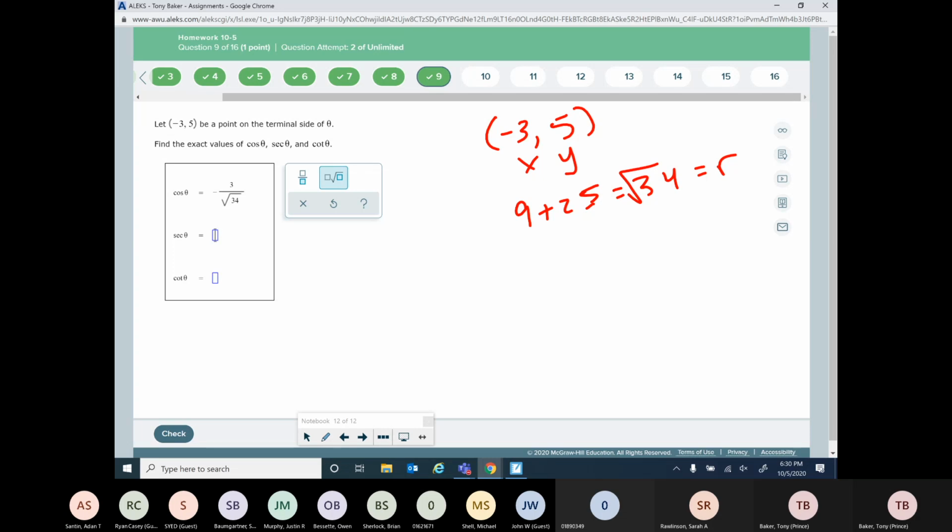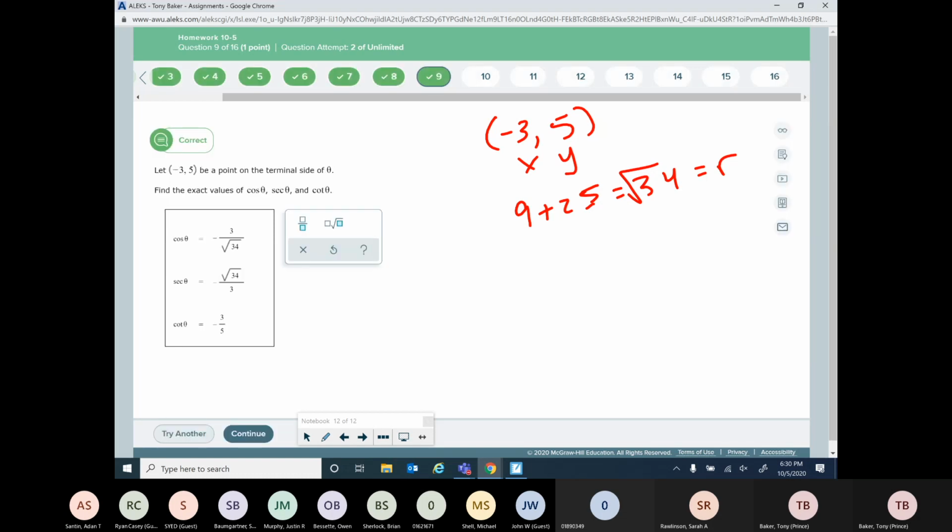Secant is reciprocal of cosine, so negative square root of 34 over 3. And then cotangent is x over y, so -3 over 5. So the hardest part of this one is just finding your r, and then it's just plug and play from the equation or the rules.